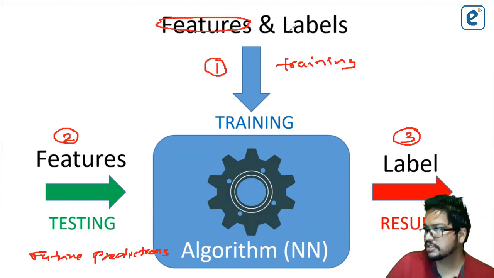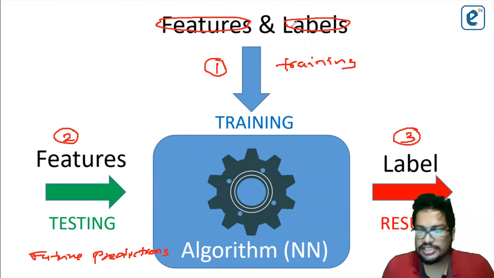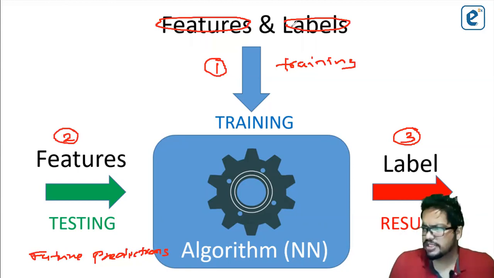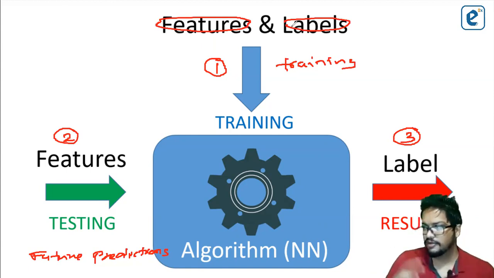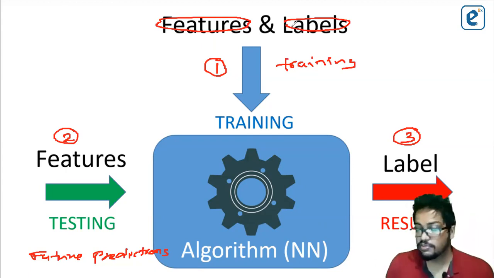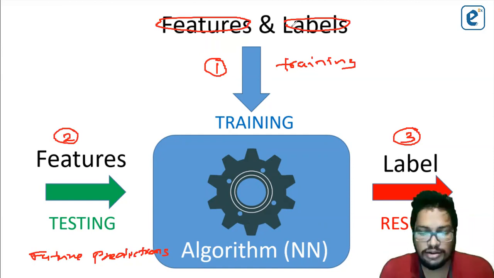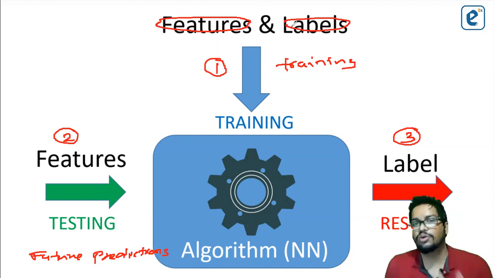So features and labels. We will talk about these features and labels and then move to the next section. Anyway, now this is the supervised model. First you have to train it, then you can get future predictions. This blue color box is the algorithm, and in order to train the neural network, you need two things called features and labels.